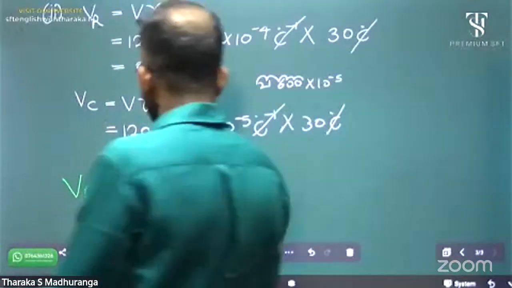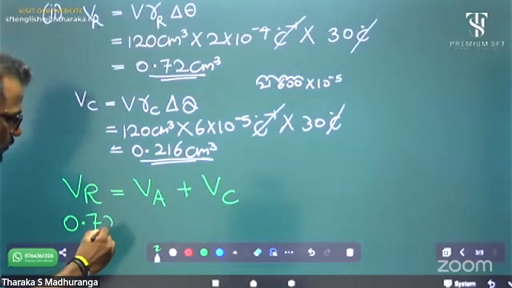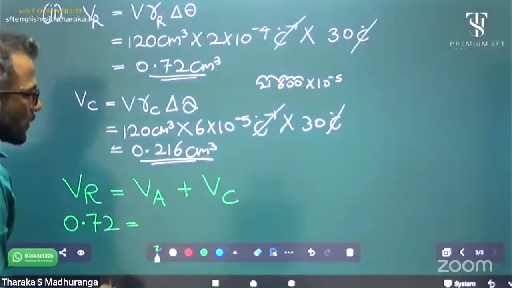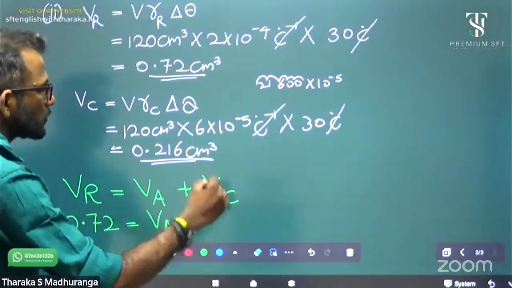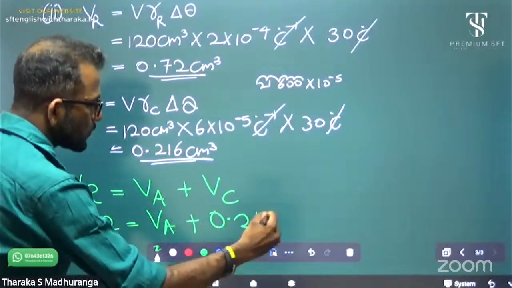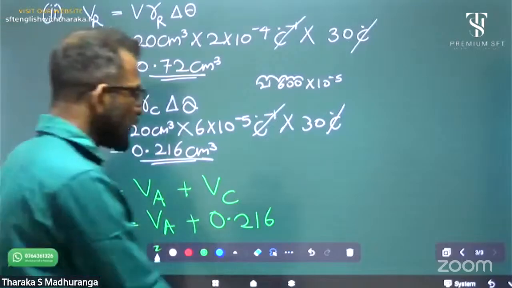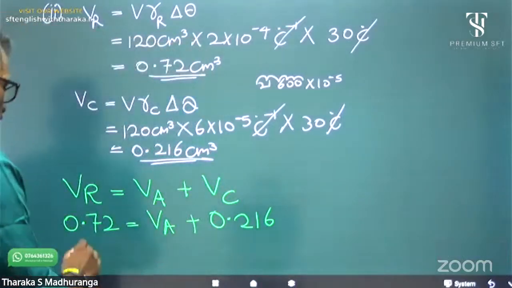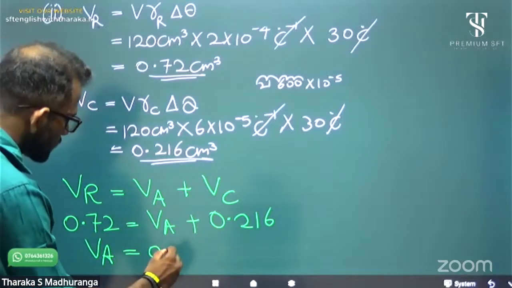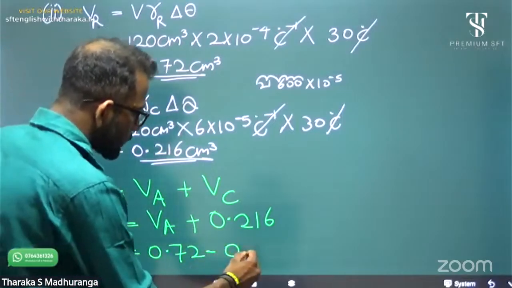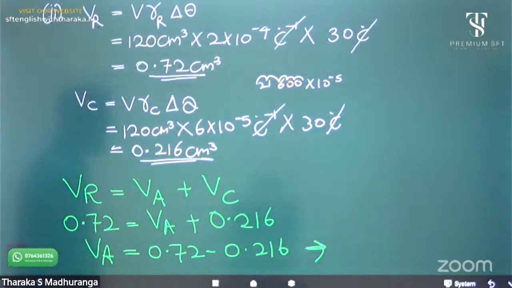Now you already know the real volume expansion 0.72. 0.72 equals apparent volume expansion, which we don't know, VA, plus container volume expansion 0.216. Now you can isolate VA, the apparent volume expansion. It is 0.72 minus 0.216. Can you send me quickly?